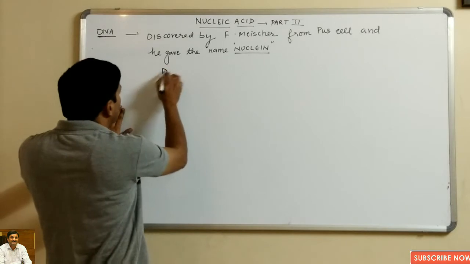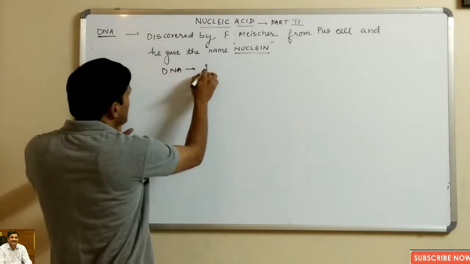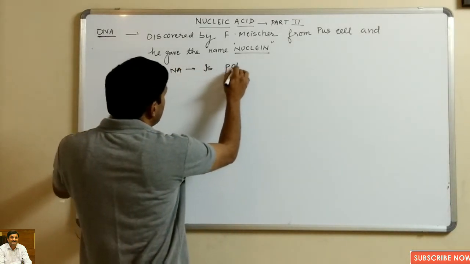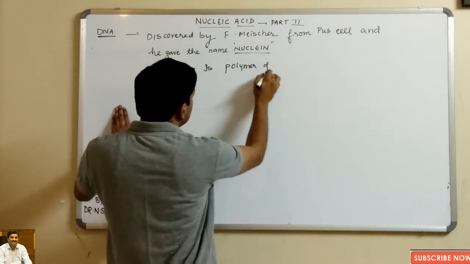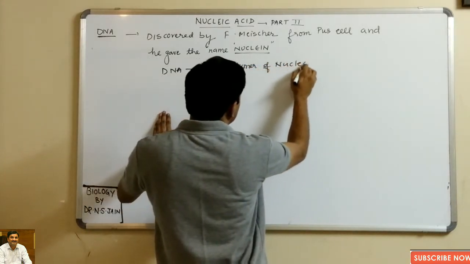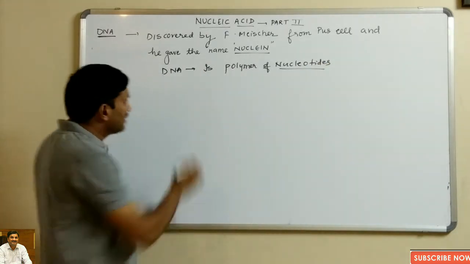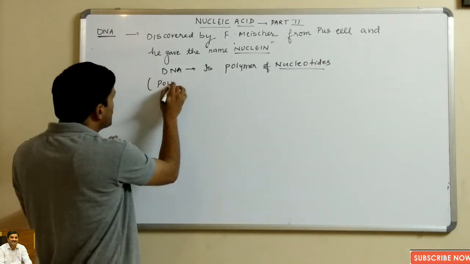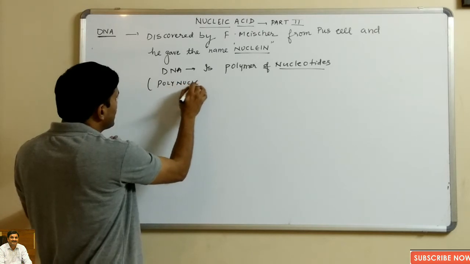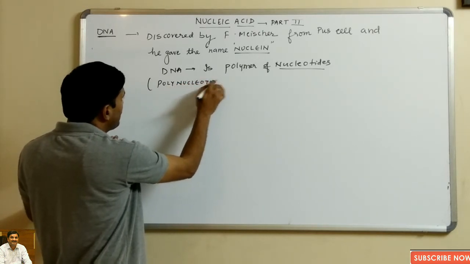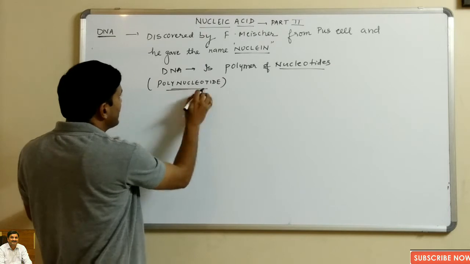And you must also know that DNA is a polymer of nucleotides. Many nucleotides combine together to form DNA, and that's why DNA is called a polynucleotide. In the previous video also you have studied this thing.